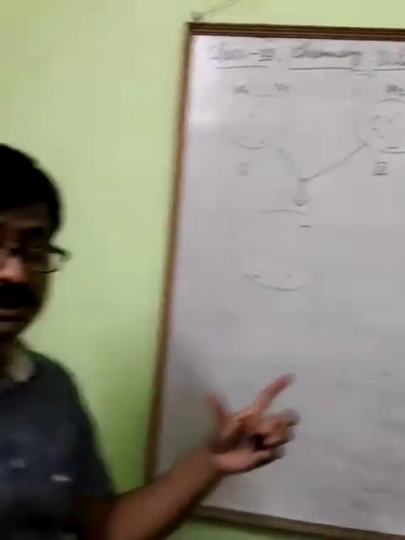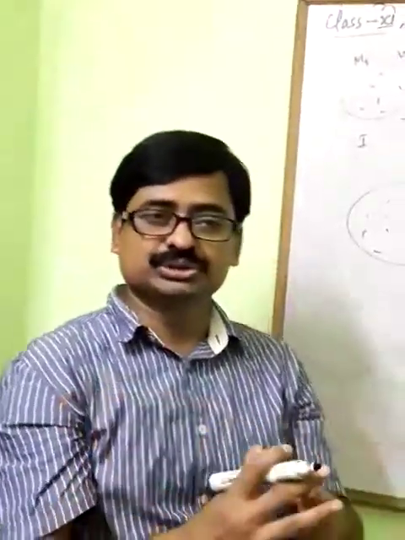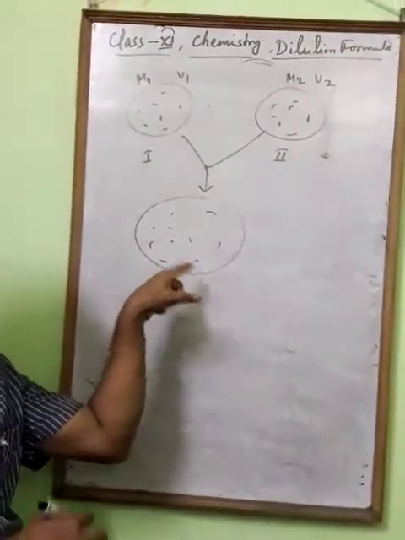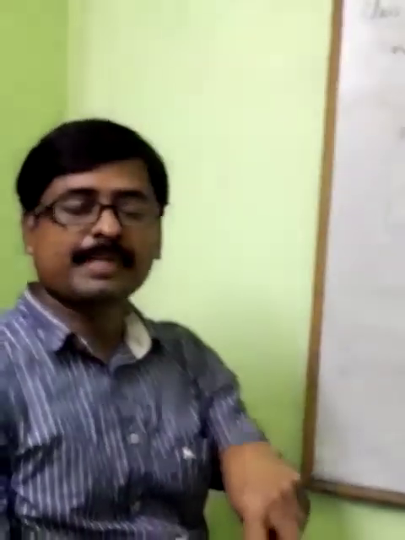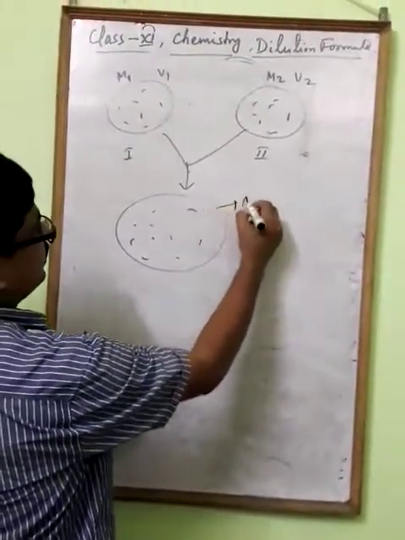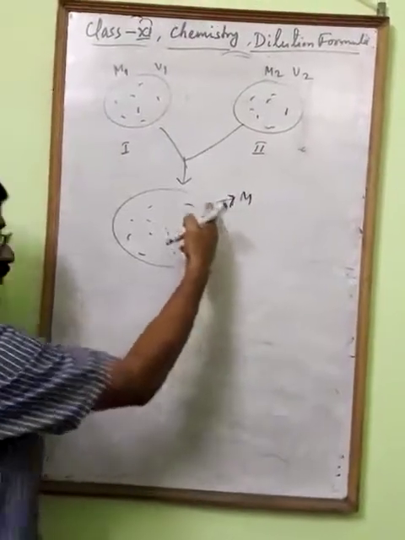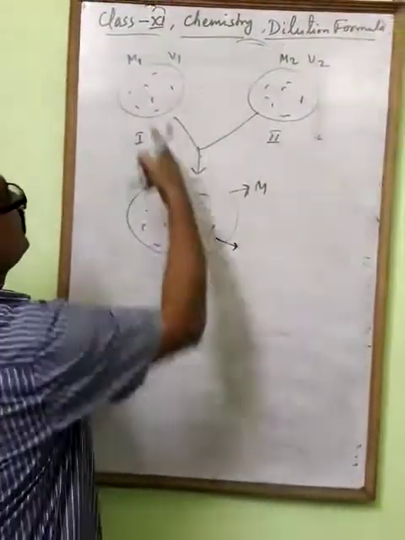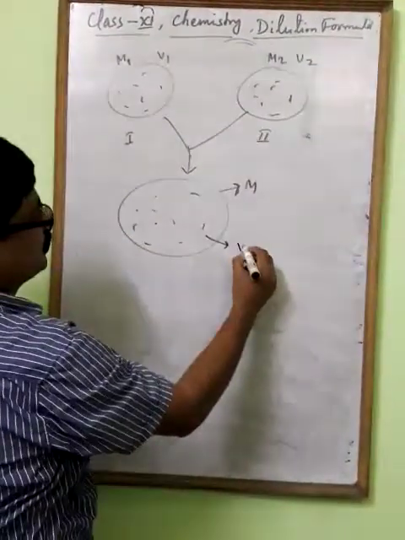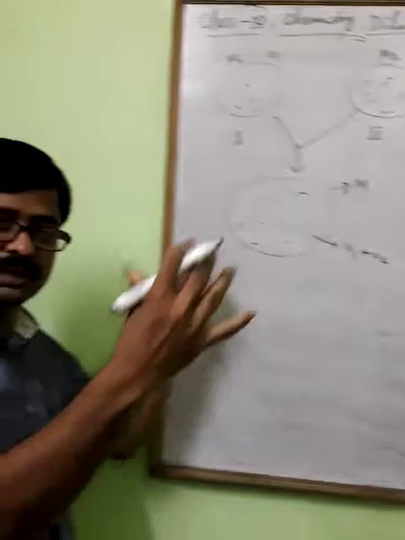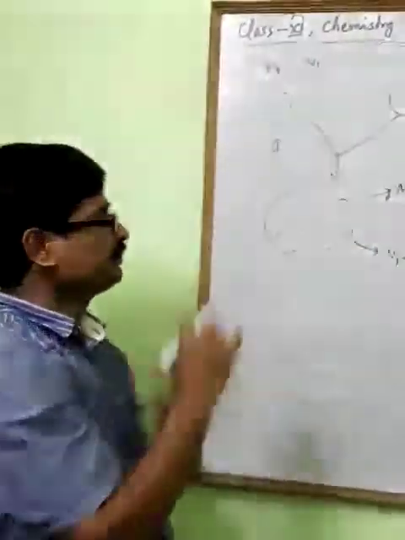You are going to mix two different solutions in a new container to get another new solution. And what is your target? To find the strength of the new solution. You have to find the molarity M of this. And the volume here is V1 plus V2, the new volume, since we added the two solutions.